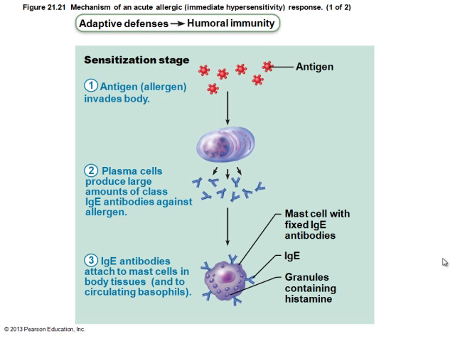Failure to self-tolerate, again, is a problem with that education of the T cell in the thymus. And then they talk a little bit about hypersensitivities, when the immune system damages tissue as it's fighting off a perceived threat. Things like pollen, animal dander can actually cause hypersensitivities to occur.